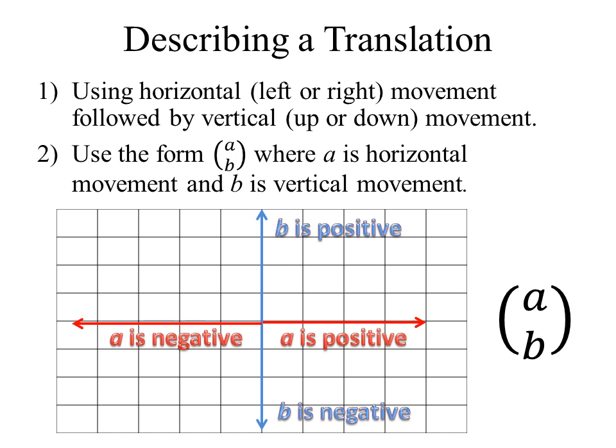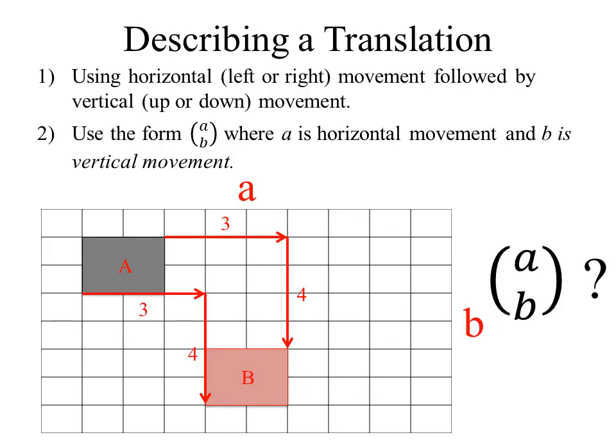Okay. Let's look at some examples to solidify this in our minds. Here we've got the example I've been giving. Now remember, horizontal, left or right, followed by vertical, up or down.